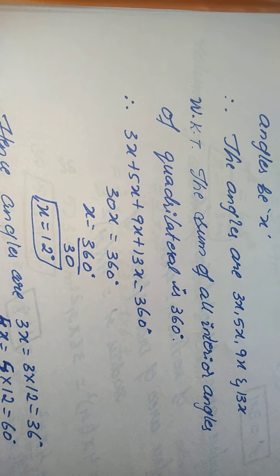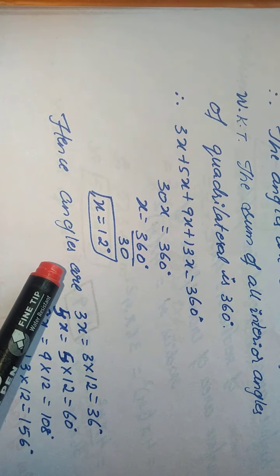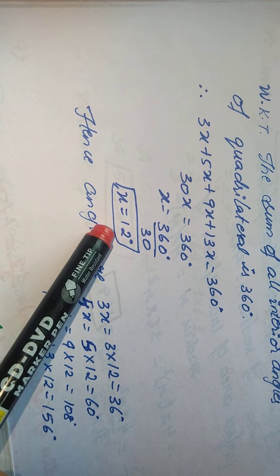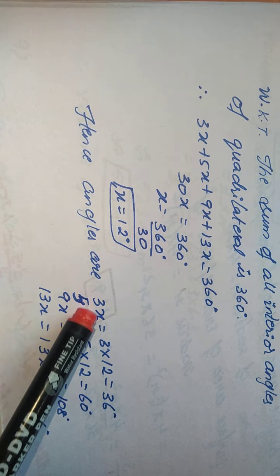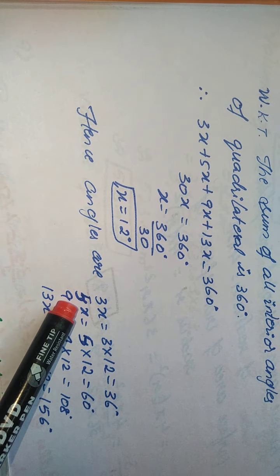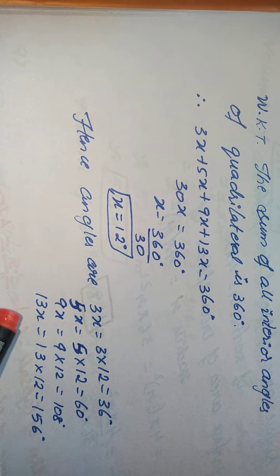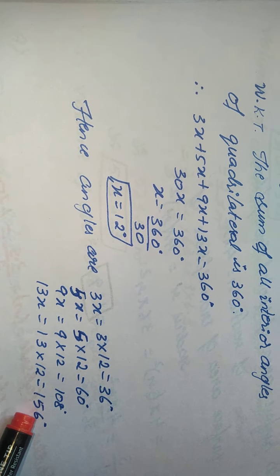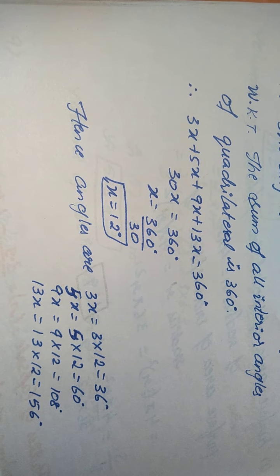On cancellation, the zeros get cancelled. 3 ones are 3, 3 twos are 6, so x is 12. Once I have the x value, not the angle value, I have to substitute for x. 3x becomes 36 degrees, 5x becomes 60 degrees, 9x becomes 108 degrees, and 13x becomes 156 degrees. This is your first solution, children. Please copy it in your notes.